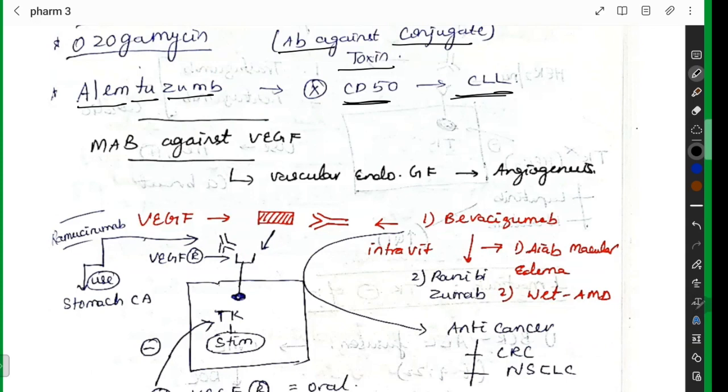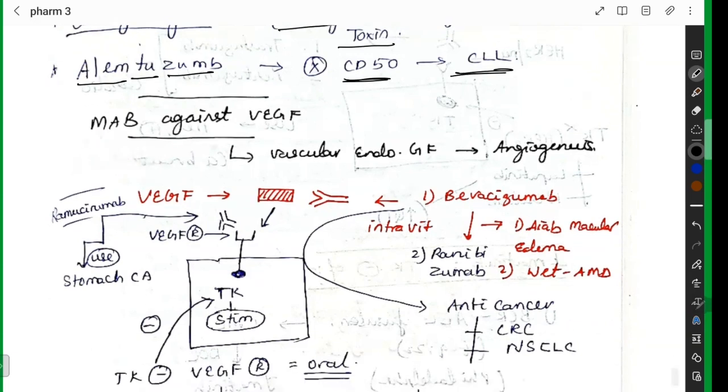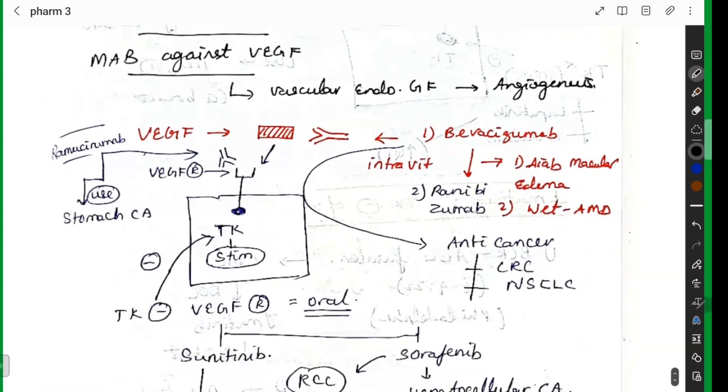So what you can do is either inhibit the VEGF receptor, that is the vascular endothelial growth factor receptor, or inhibit the vascular endothelial growth factor itself, or inhibit this tyrosine kinase. Three places you can inhibit basically. Number 1, the vascular endothelial growth factor receptor, or you can go for the vascular endothelial growth factor itself, or you can go for a tyrosine kinase inhibitor.